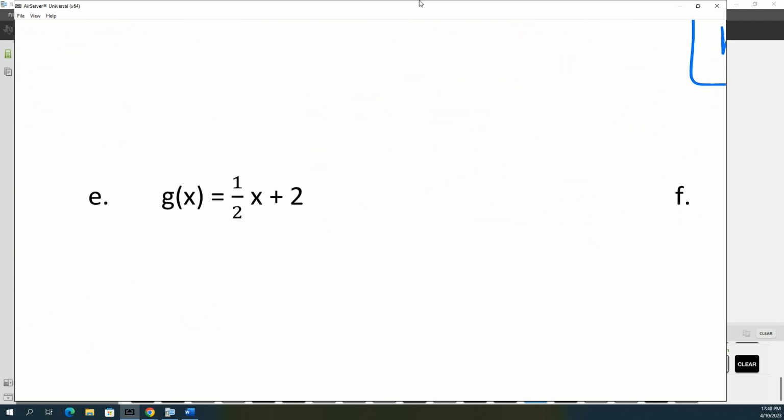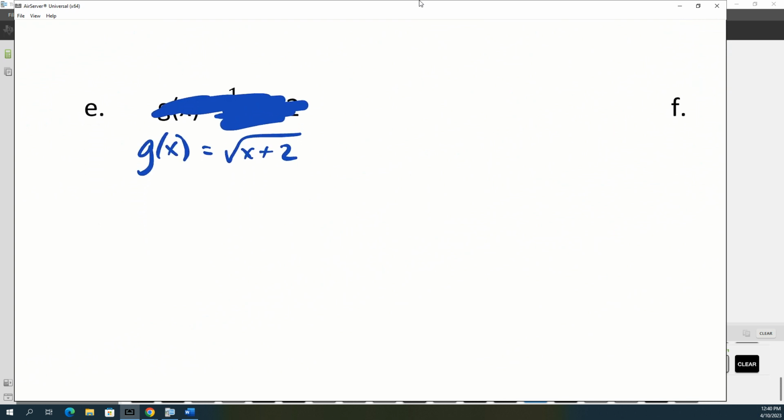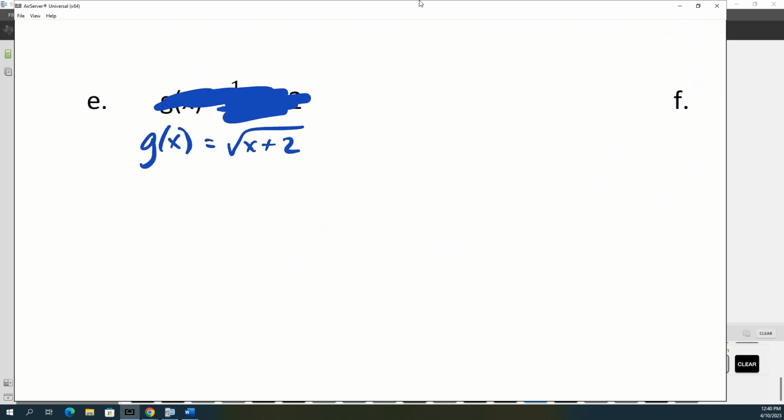All right, any questions? Okay, this one I need to change. Okay, now to save on time, I'm just going to show you what this graph looks like. It's going to be a square root graph that's shifted 2 to the left, so it's going to look something like that. Would that pass the horizontal line test?